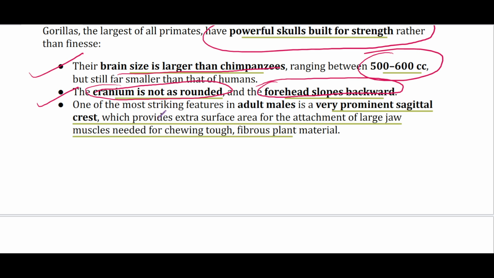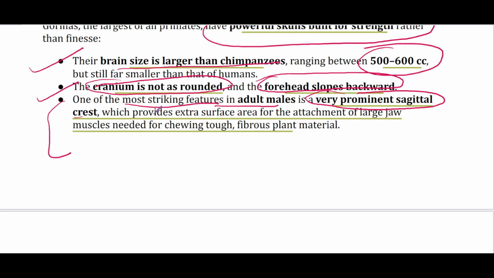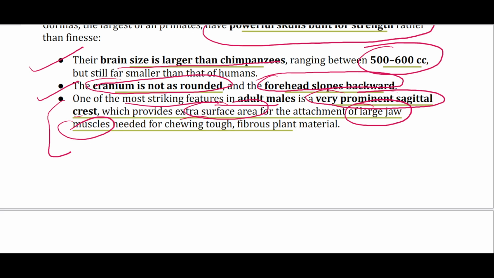Then the most striking feature in adult male is a very prominent sagittal crest, and this provides extra surface area or extra support for attachment of large jaw muscles. And दोनों का purpose, large jaw muscles or prominent sagittal crest, दोनों का यही है to chew tough and fibrous plant material.